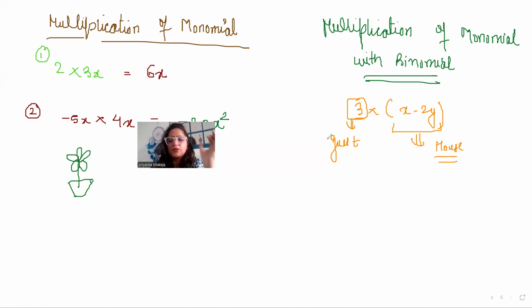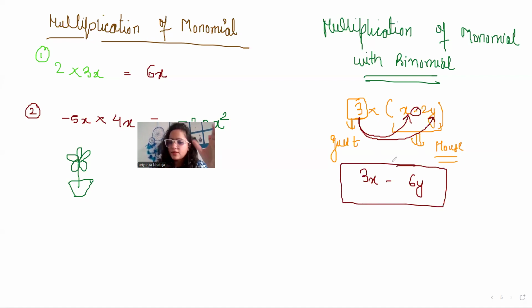Like in summer vacation, everyone goes to certain places, at some friends' or relatives' places, and everyone meets each other. So first of all, this 3 will meet x, 3x. After that, this 3 will meet 2y. This would be 6y. And whatever the operation is there, you are supposed to follow that. Understood? That is very simple.